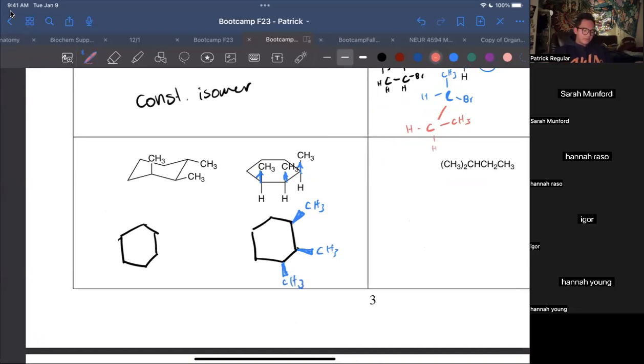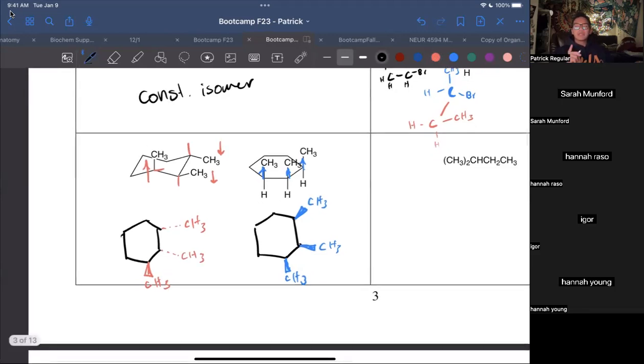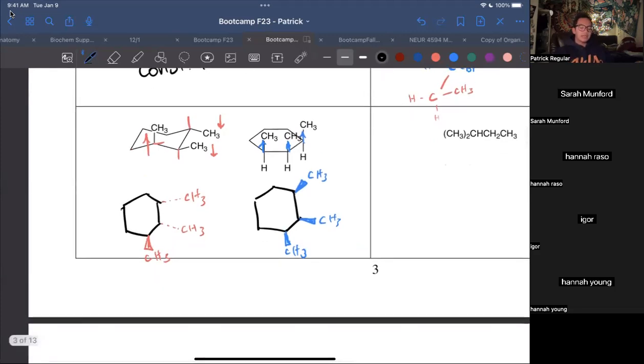Now we have down, down, up. We would have down, down, and up. Hey, look at this. These are not the same. They have a different spatial arrangement. Same connectivity. These are stereoisomers.